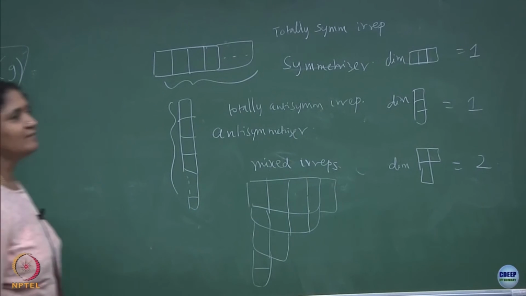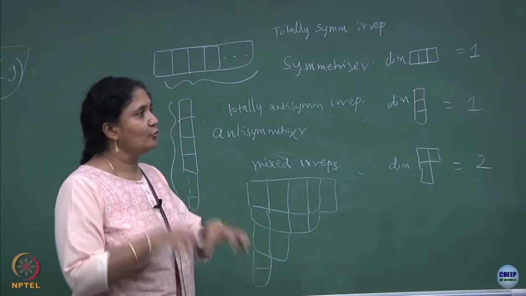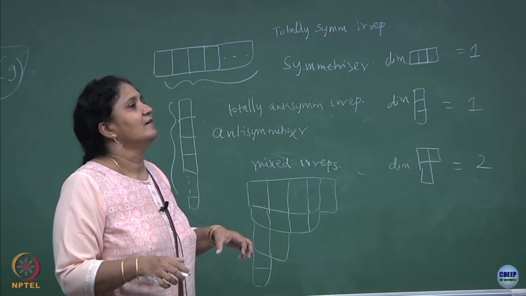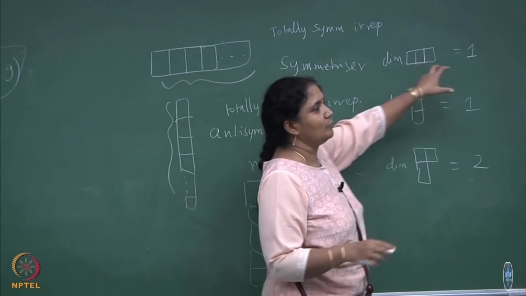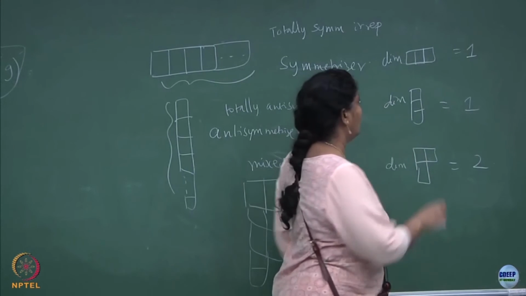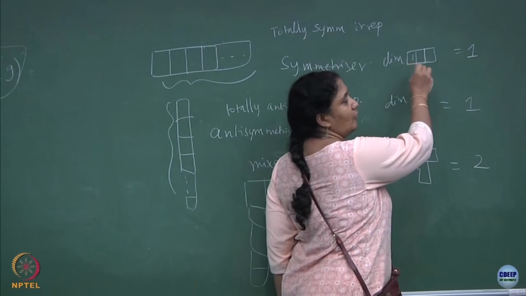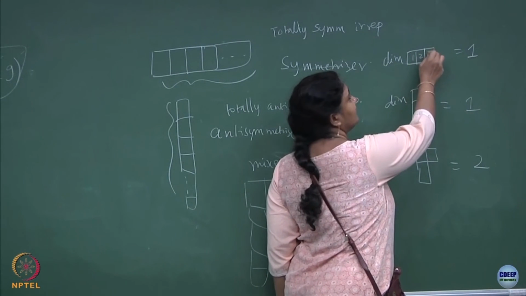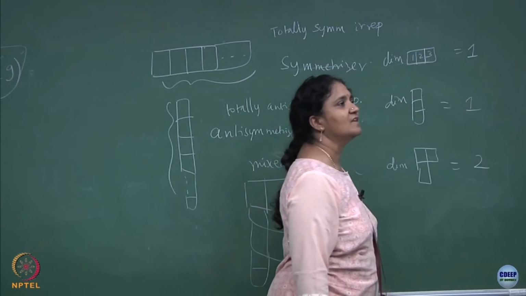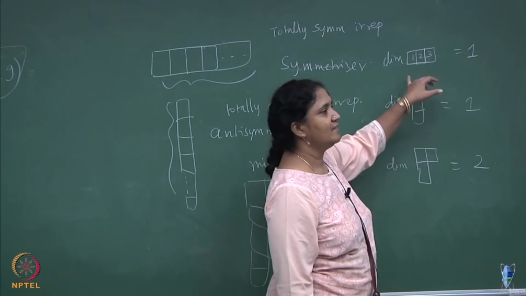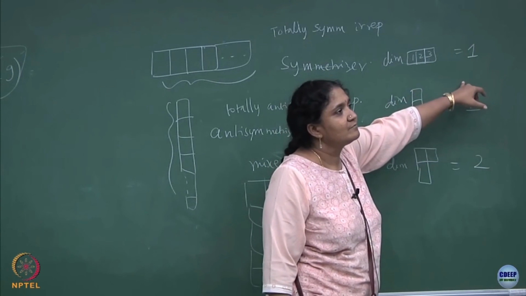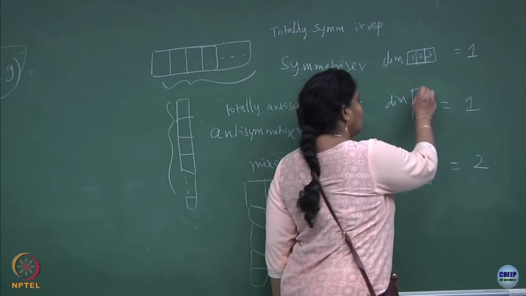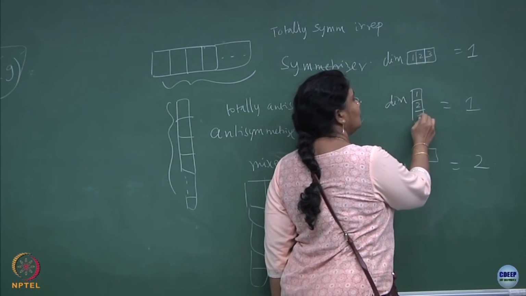One of the ways you can see is that symmetric group of objects 3, you are allowed to put in every box one of the objects. You can put object 1 here, object 2 here, and object 3. That is it. There is no other possibility left. That is why it is 1 dimension. Here also you can put object 1 here, object 2 here, object 3 here.